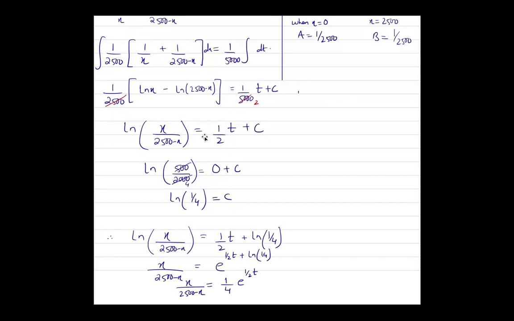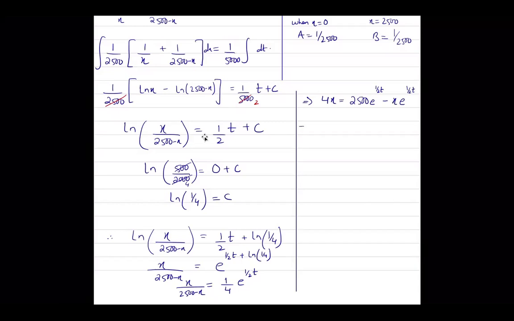From this step, you can cross multiply. So you're going to get 4x equals 2500 e to the power of 1 upon 2 t minus x e to the power of 1 upon 2 t.